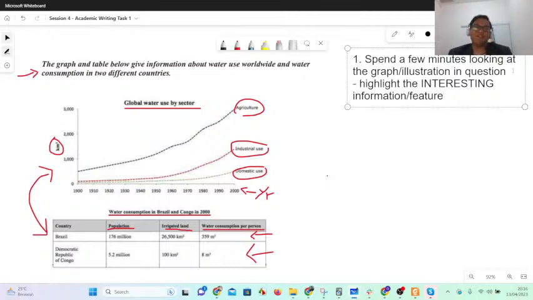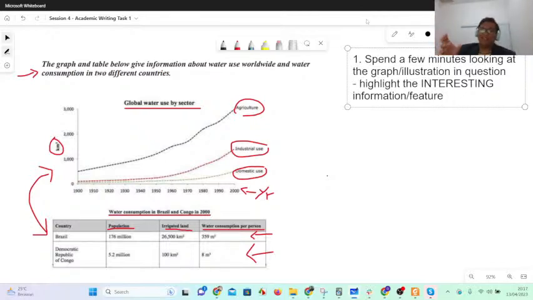What IELTS examiners are looking for are not data or numbers or information that is kind of trifle. They don't want something that's consistent. If you see a high jump or a significant difference, or a huge anomaly, those are the interesting information. Those are the interesting features, right?